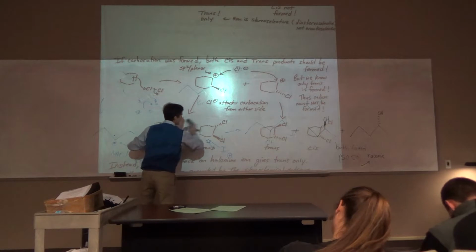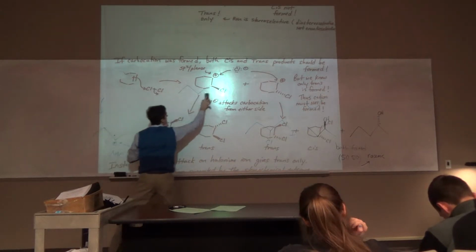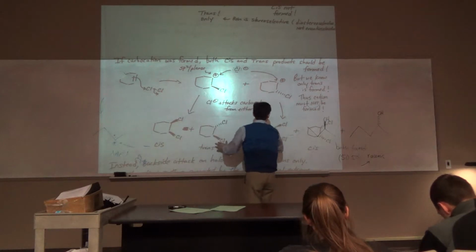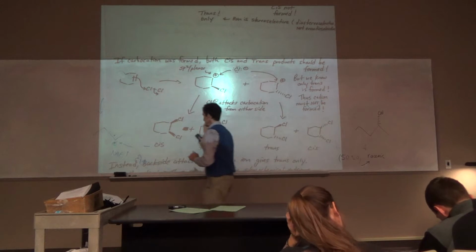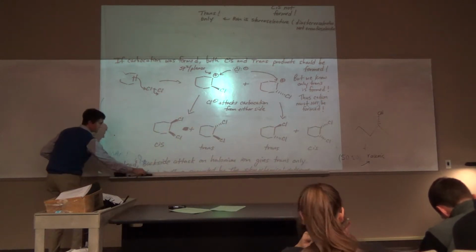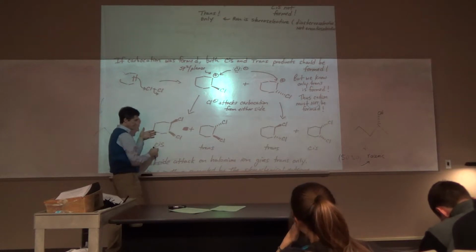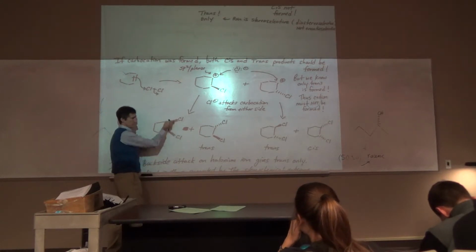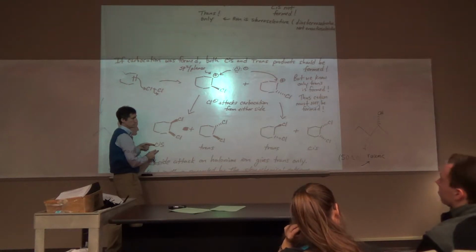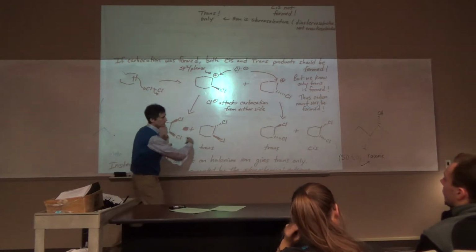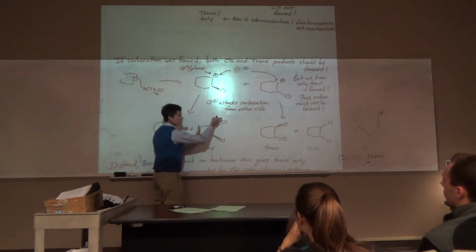But what about the stereochemistry? There are multiple stereoisomers that are possible, theoretically. For example, they could both end up being cis to each other. Actually, there are only two. They can be cis to each other, or they can be trans to each other.